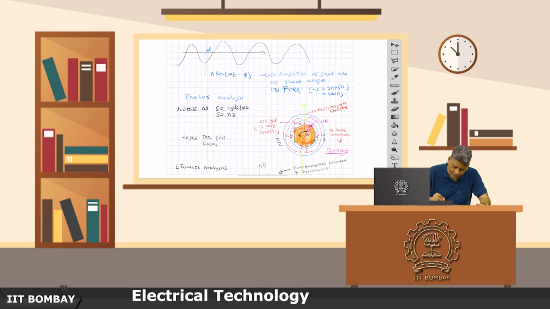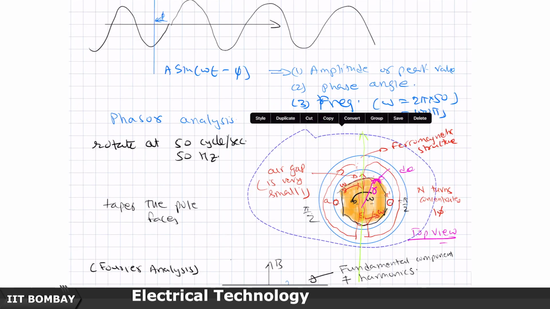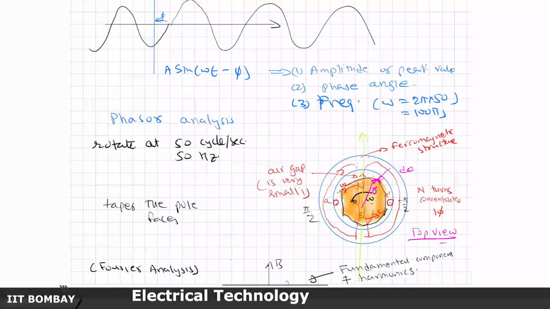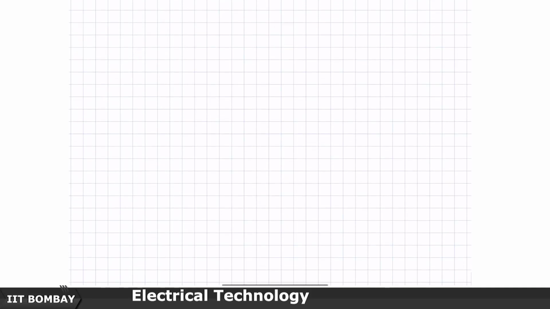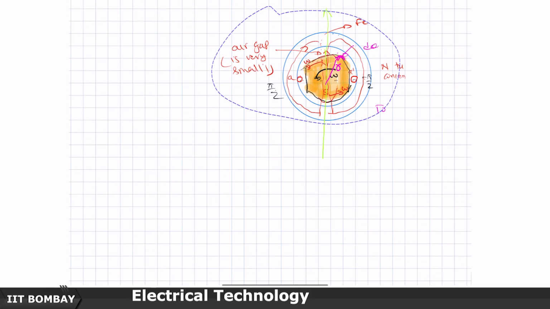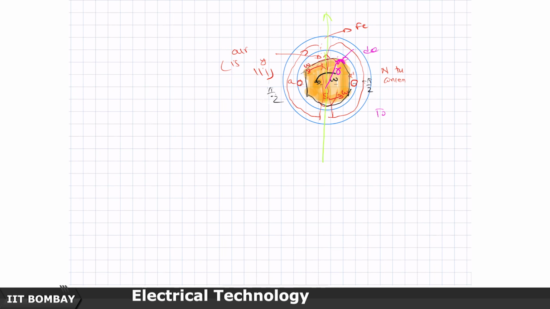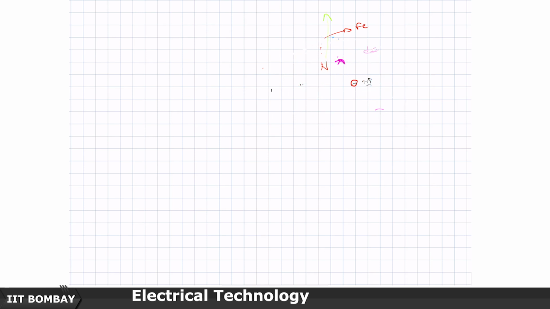All I am going to say, and then I will close this class, is: if this is my first phase, how do I get the other two phases, B and C phases, or R, Y, B? I am going to rub everything here. I could have drawn a new figure, but it was too crowded, so I will draw a new figure now.